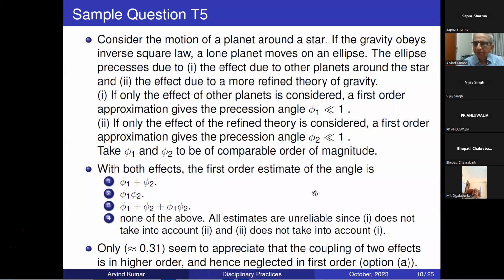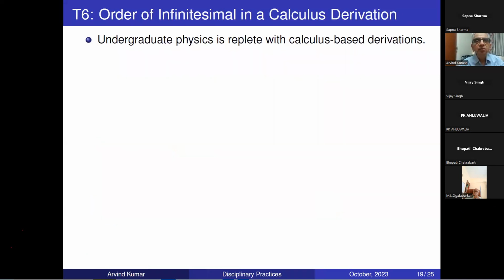This was a famous, great success of Einstein's general theory of relativity. But we don't need to go to these advanced domains to tell this. We can do smaller, simpler domains. The last theme is, again, very important in my view.